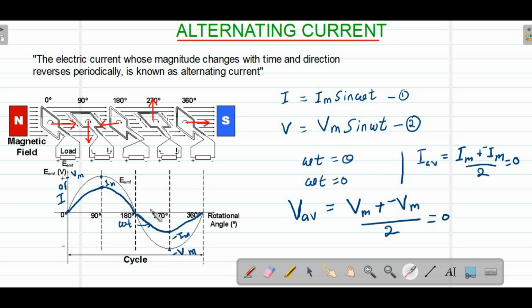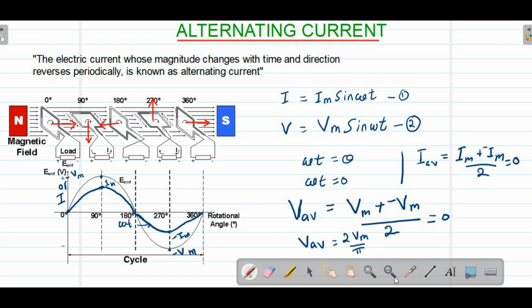So what we do normally, when we take the average value of voltage and current, is we will not take the full cycle. We will take only one half cycle. If you take only one half cycle, we can prove that in one half cycle, the average value of voltage, V average, will be equal to 2 into Vm by pi.